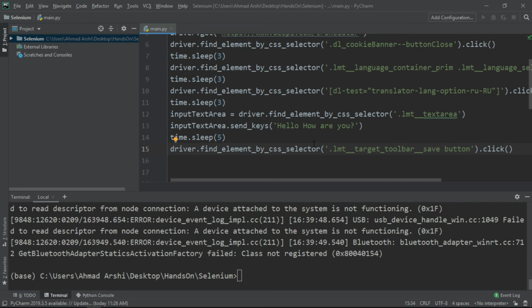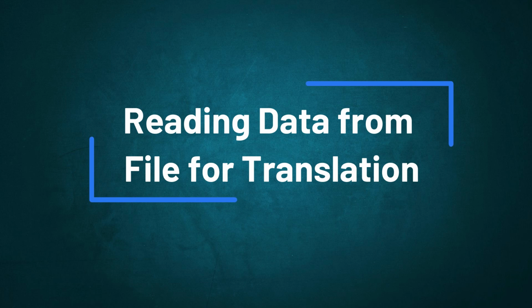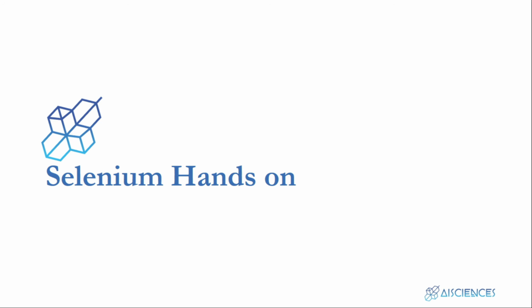So we will do that in the next video, and see you there. Hi and welcome back. So in this video, we will try to read text from the file instead of just stuffing some random text. We will read a text from the file, and then we will send that text to the website using Selenium, translate that and download the translation to our local machine.